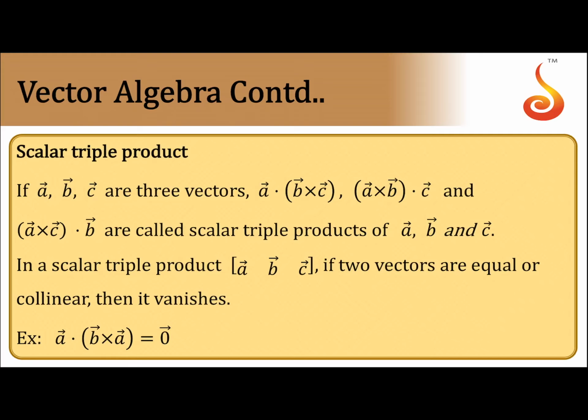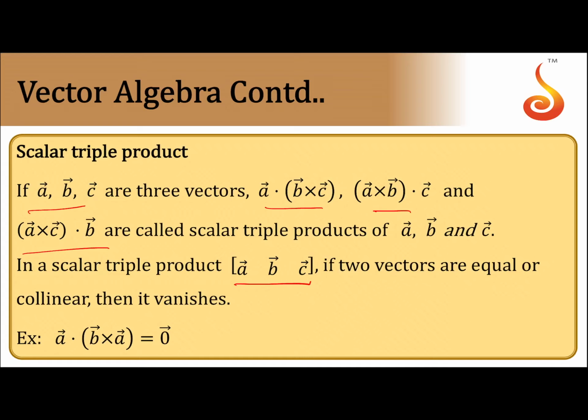Coming to the scalar triple product. When A comma B comma C are any three vectors, then the products A dot B cross C and A cross B dot C are defined to be the scalar triple product of the vectors, denoted by box ABC. We spell it out as box ABC.